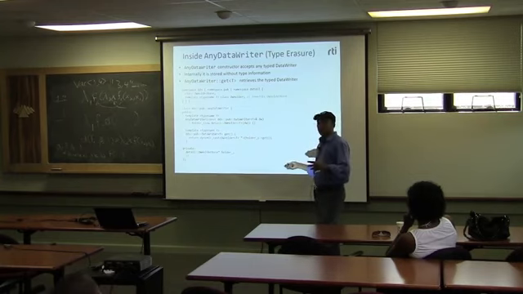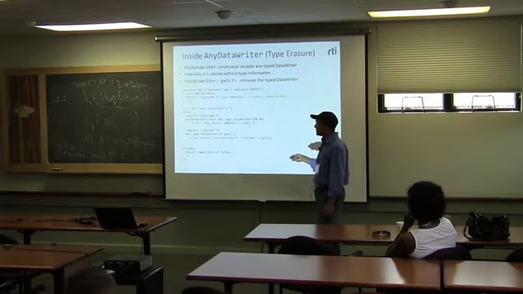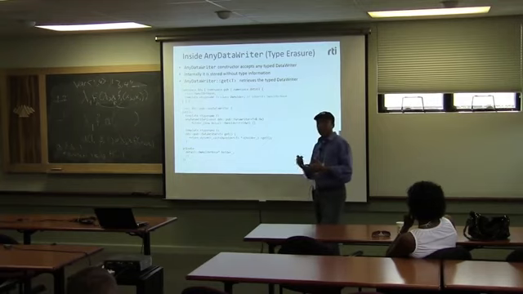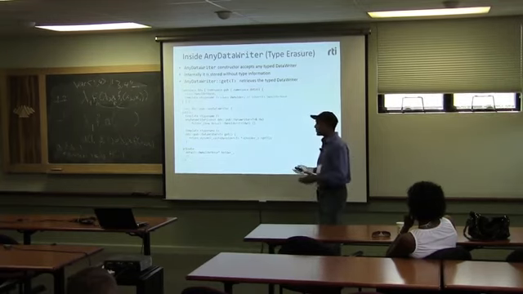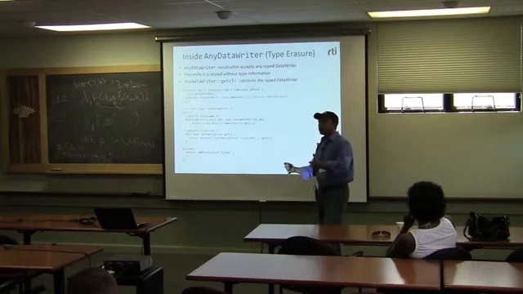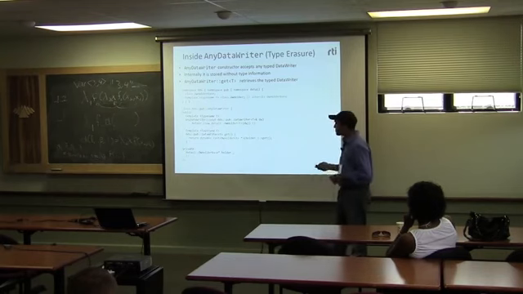To get the original type back though, you have to specify the type. And you do dynamic cast in this particular case because you better be right, otherwise dynamic cast will fail and you will get a null pointer, but that's okay. You have to keep track of types because you just erased it, you need to get back. You should specify the right one.